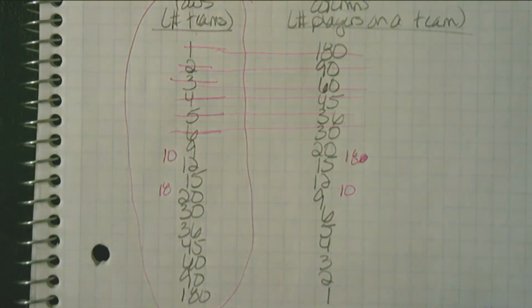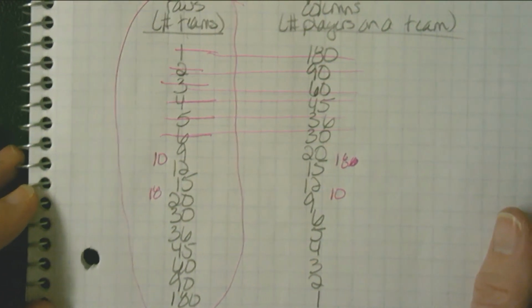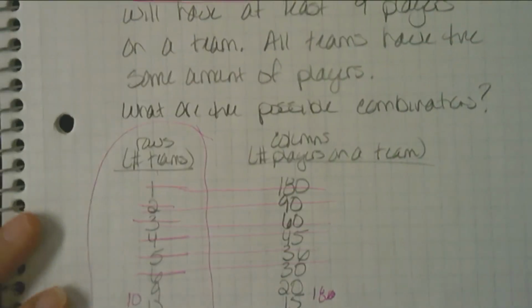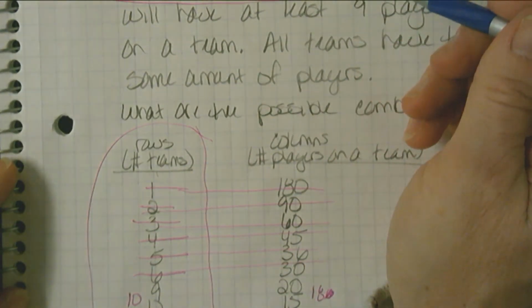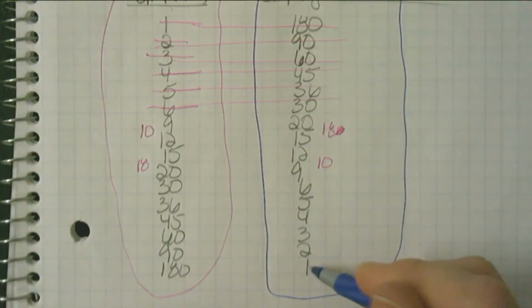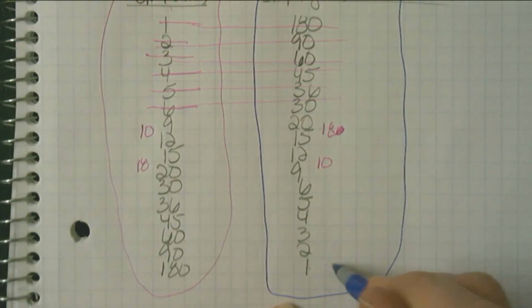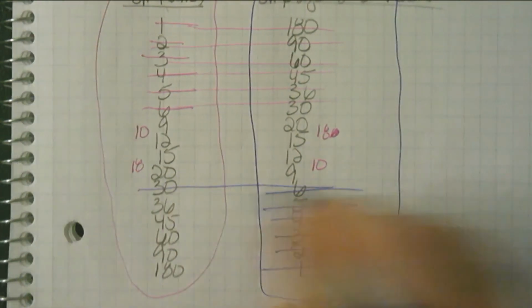All right, what about my number of players on a team? What was my limitation there? Vincent? At least 9 players. Not just 9 players, at least 9 players. So now I'm going to start at my bottom, and I'm going to get rid of all of them that are lower than 9 players.